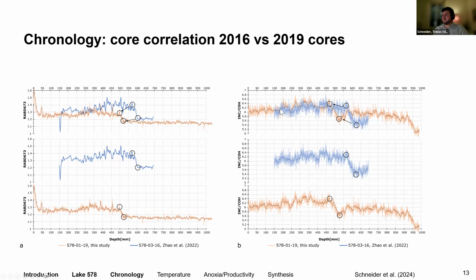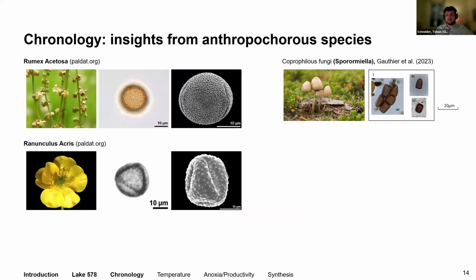And the same we did also for ITRAX measurements, for example, where we could find these matching points. So we could basically project some of the samples. However, we also added new dates and also new independent biomarkers.